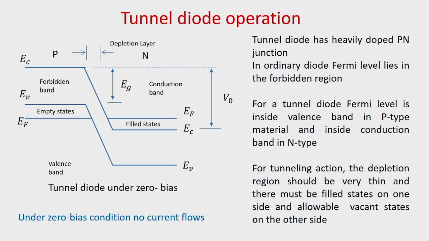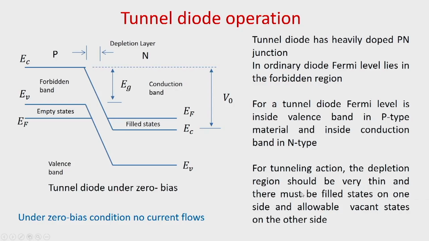When the junction is formed, we have the depletion region around the junction of p and n type material, and there must be filled states on one side. So, here we have filled states in the n type material and allowable vacant states on the other side.